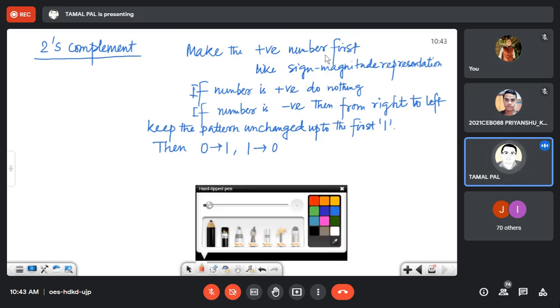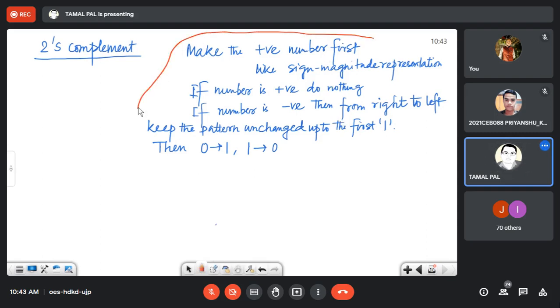So let me explain the rule first with an example. Let's say it is 17. You have to make the positive number first.